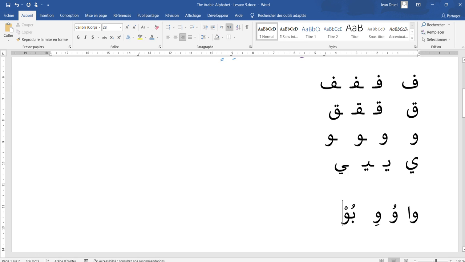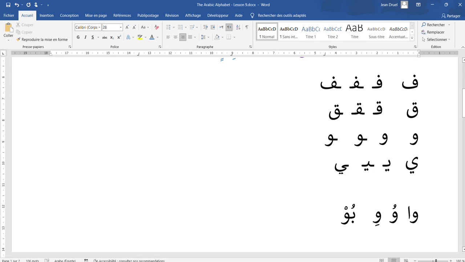So how to say this? If I don't have a sukun but I have a fatha, buwa, buwu, buwi. Or if I have a sukun but before I don't have a dhamma, like this, baw, biw.